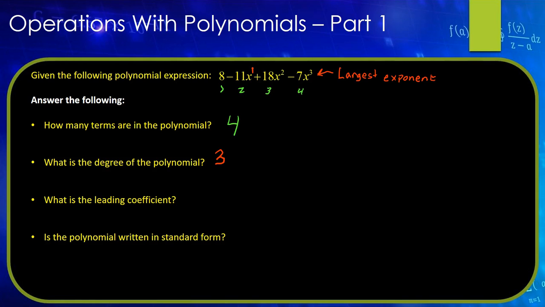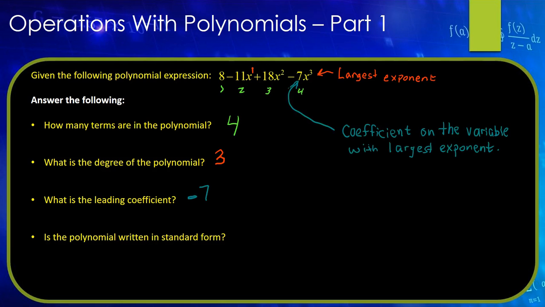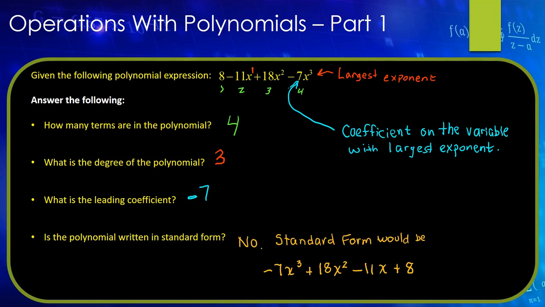But a more specific definition is that the leading coefficient is the coefficient that is being multiplied to the highest power of your variable, in this case our x. So our leading coefficient here is actually -7, and that's because this thing is not written in standard form. If it was written in standard form, it would be -7x to the third plus 18x squared minus 11x plus 8.